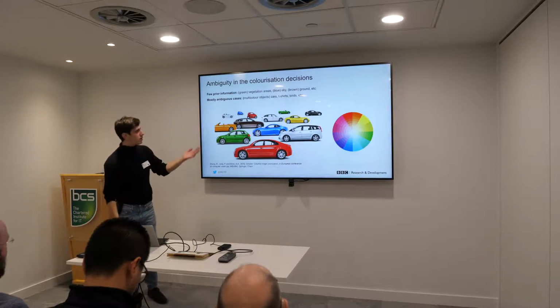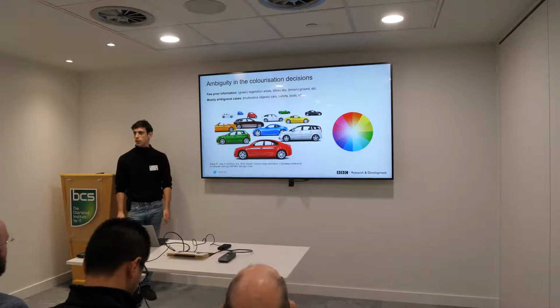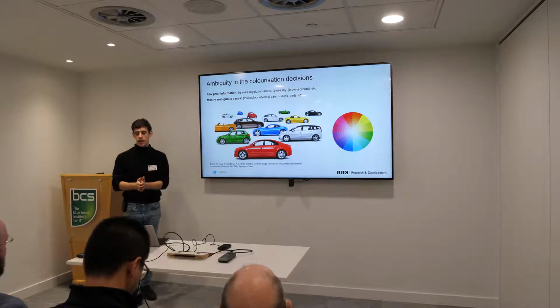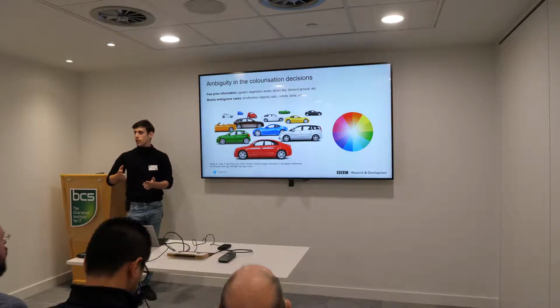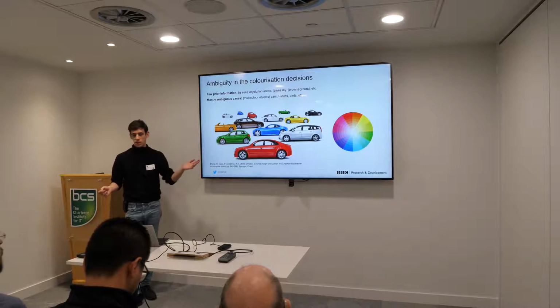First of all, the ambiguity in the results. If we have a big dataset of images, we can have some prior information about the colors. The system, for example, can detect high frequency areas in the image as vegetation and then infer some green tones, or the sky could be blue.